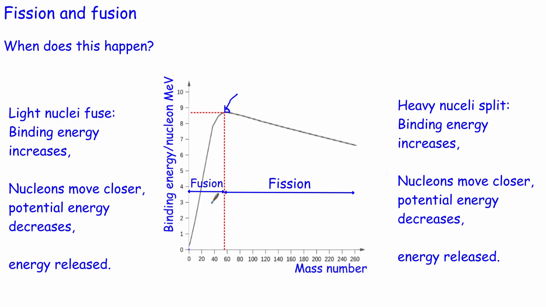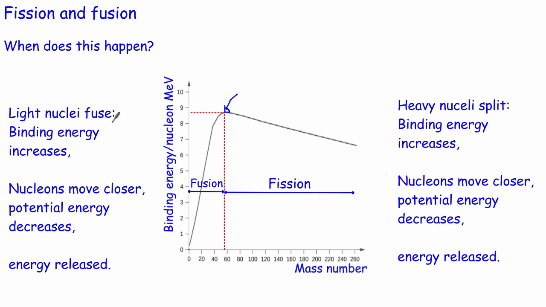And very, very similarly, you can only release energy through fission by splitting large nuclei into smaller nuclei until you get to this point. If, for example, you took a helium nucleus and you tried to split that apart into two hydrogen isotopes, then what you'd find is you'd have to actually put some energy in to do that. Your energy wouldn't be released. Basically the two processes are very akin to each other.